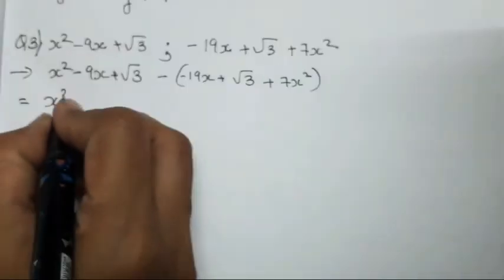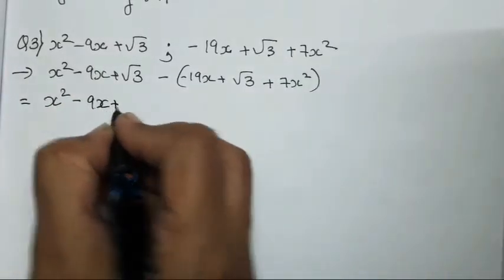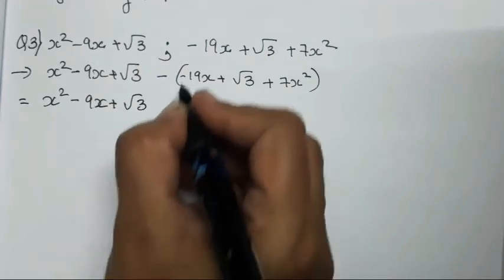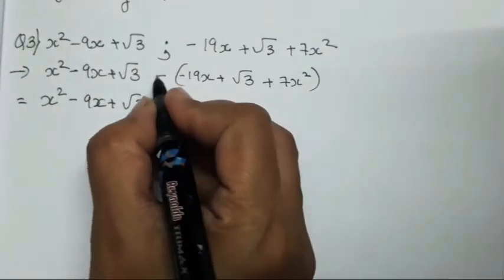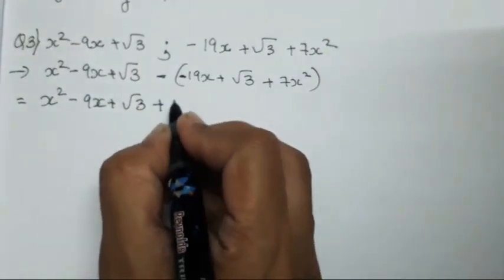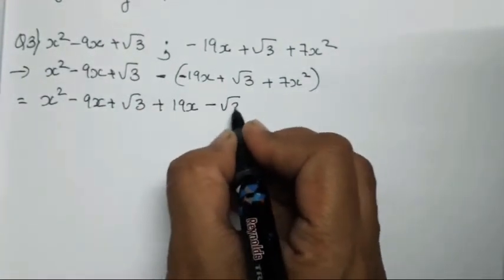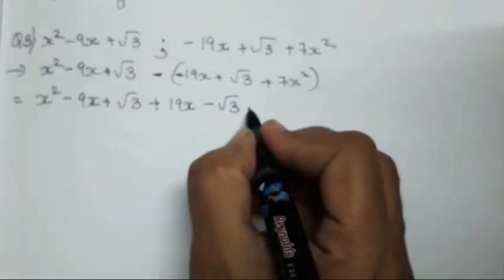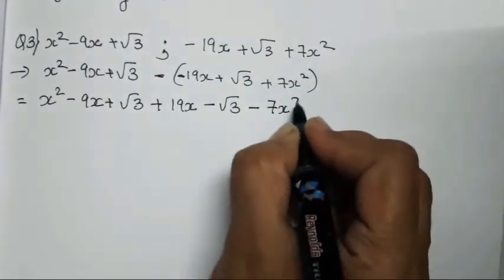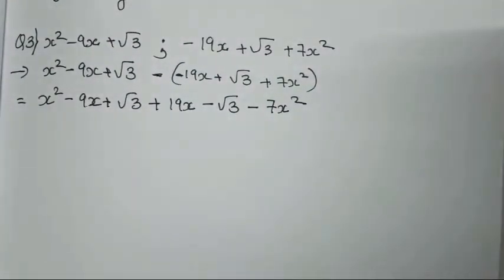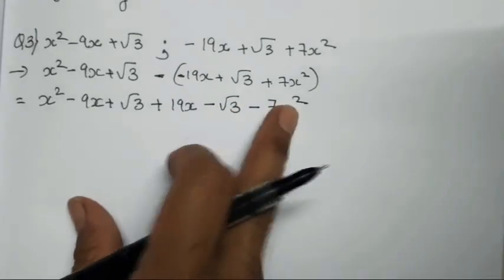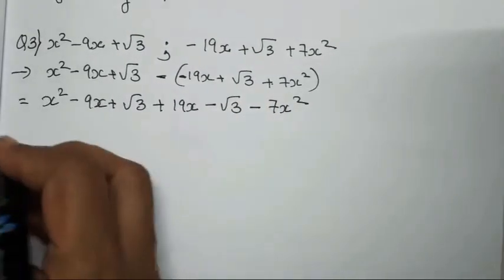Then we will open the bracket plus root 3 minus and minus. Now see over here, minus and minus will change to plus 19x, minus and plus minus root 3, minus and plus minus 7x square. During addition nothing much has changed while opening the bracket, but in subtraction the sign changes.